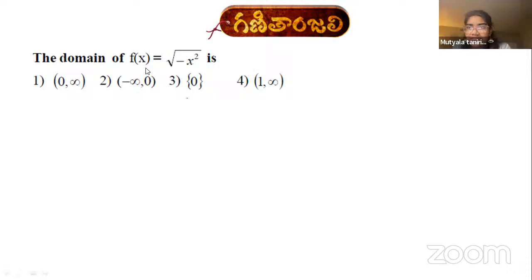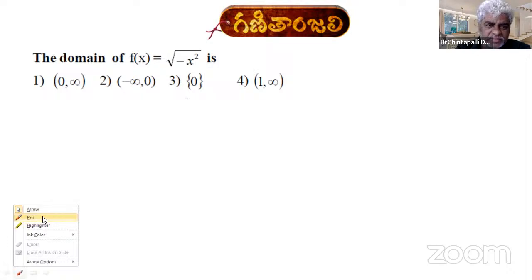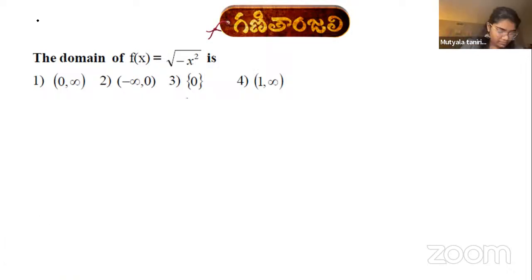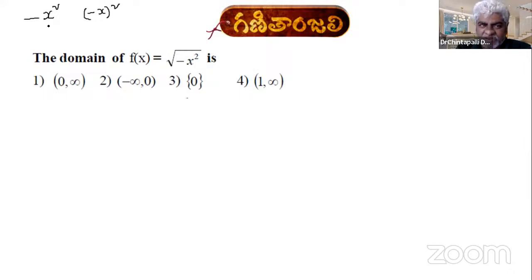I must tell you one thing. It is a very important point. There is much difference between minus x square and minus x whole square. Minus x whole square is different from minus x square, right?